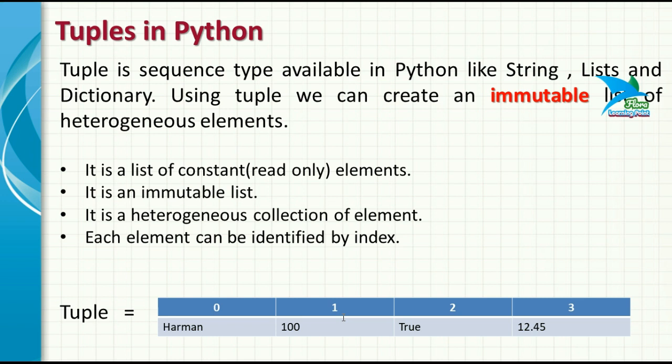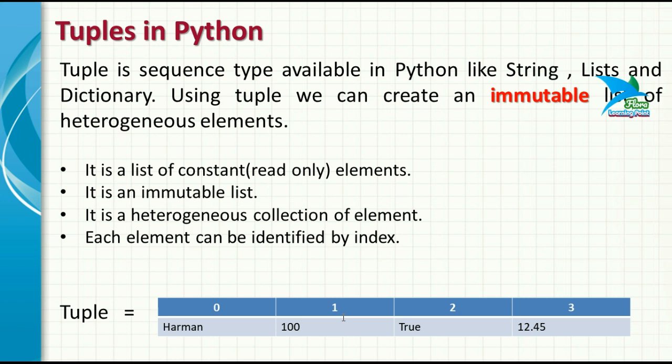That means you will not be able to change the value of a particular element by using any index of a tuple. And second, a tuple is a list of heterogeneous elements, so we can store different types of elements inside a tuple.